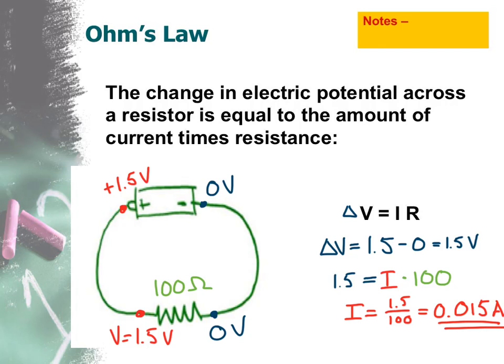So that's how much current is flowing through this resistor. And because that current is constant throughout the closed loop, that current is 0.015 amps throughout this entire circuit. So really it's the amount of resistance in this resistor that determines how much current is flowing through this wire.